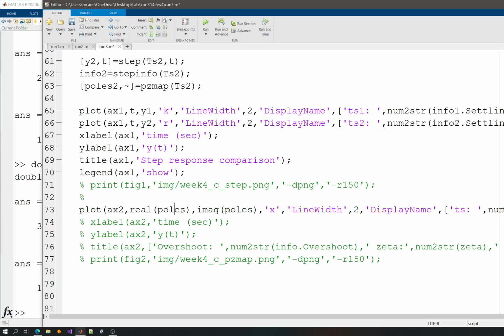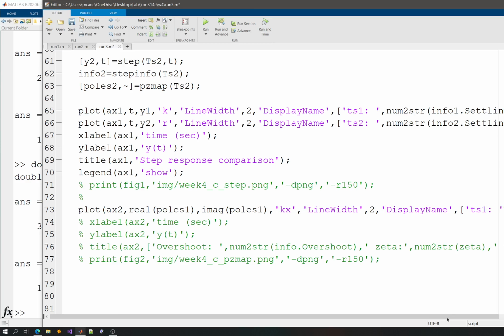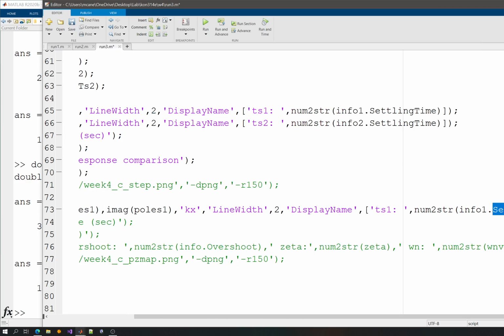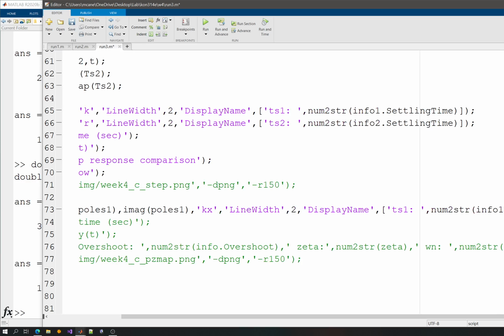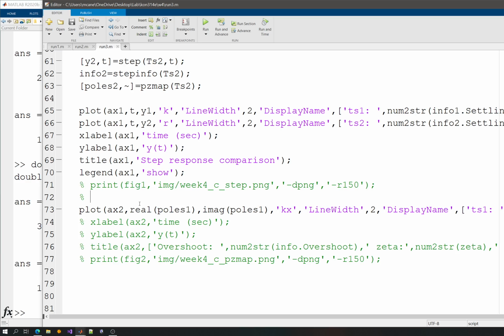I'm then going to use the pulse 1 here, and again with black, and then TS1 and info 1. Maybe I should use the overshoot here. So the one figure will show the settling time, the other one will show the overshoot value.